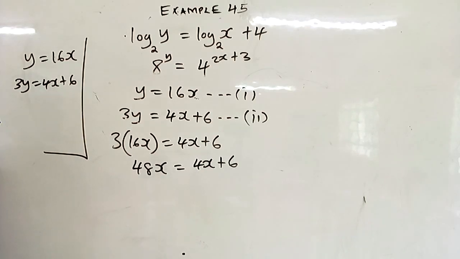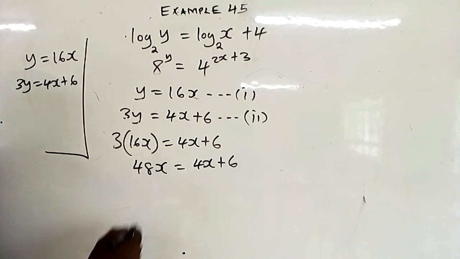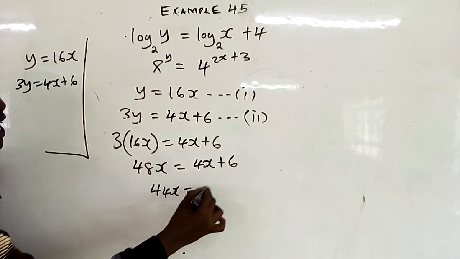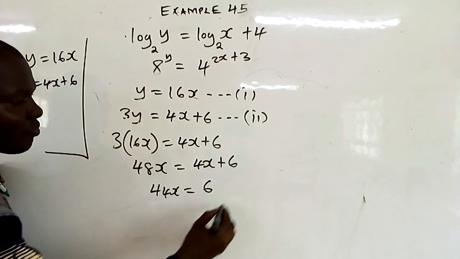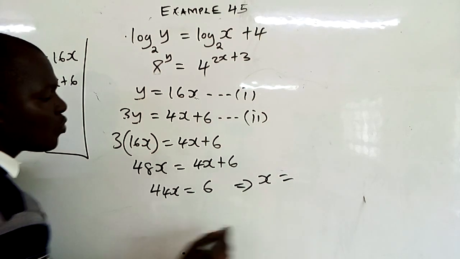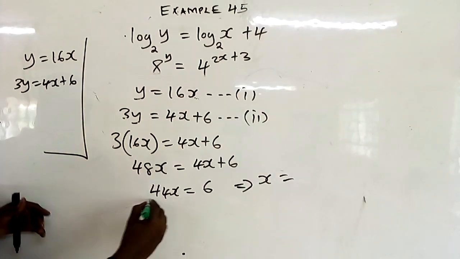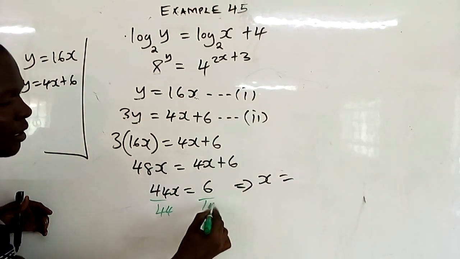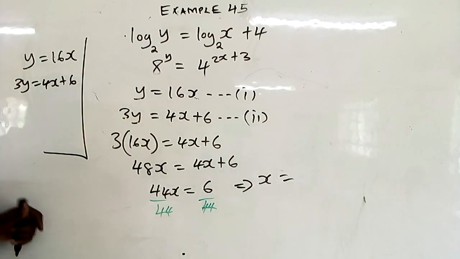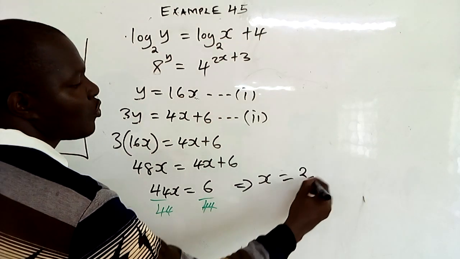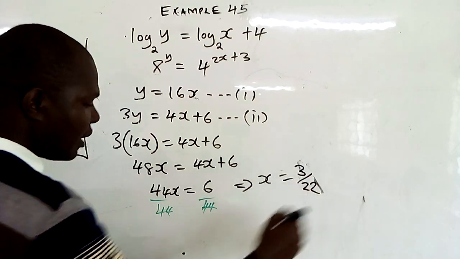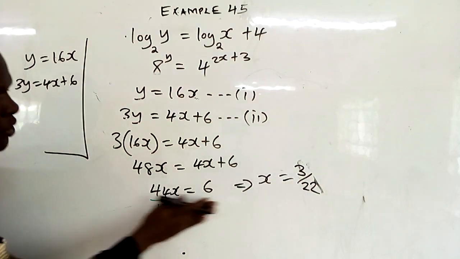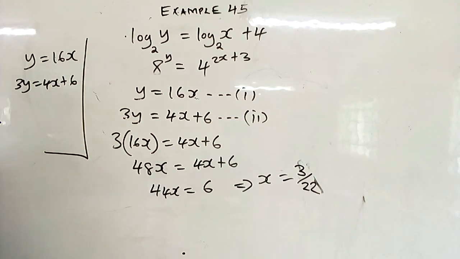4x coming this side is minus, so 48 minus 4, 44x is equal to 6. So what is x? That implies x is equal to, you divide both sides by 44, 3 over 22. So x is 3 over 22. After getting x, you get y.